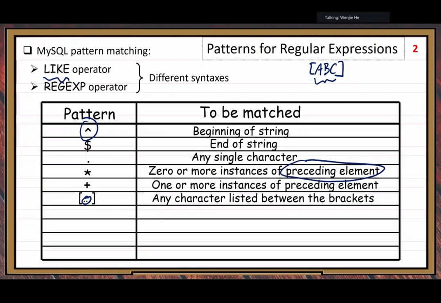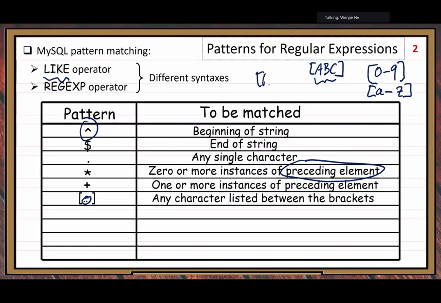So I need to correct. At the beginning, I said ellipsis. Actually, if you want to do the digits 0 through 9, you use a dash. 0 dash 9. You do not use ellipsis. Lowercase a through z, you use a dash.